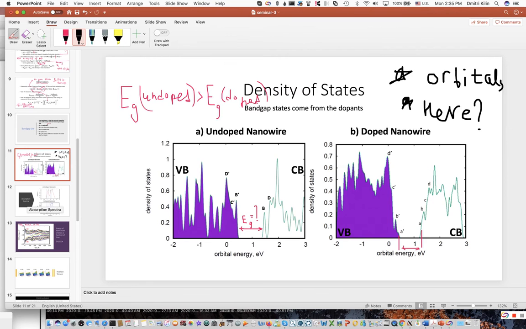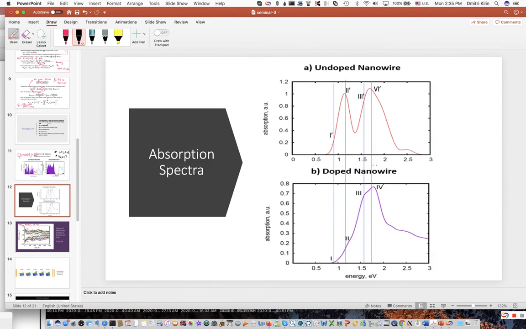Okay, so on slide 12, we have my absorption spectra for panel A and panel B, my undoped and doped nanowire respectively. The important thing to note is peak one in panel B and one prime in panel A. They are both due to my charge transfer excitation.